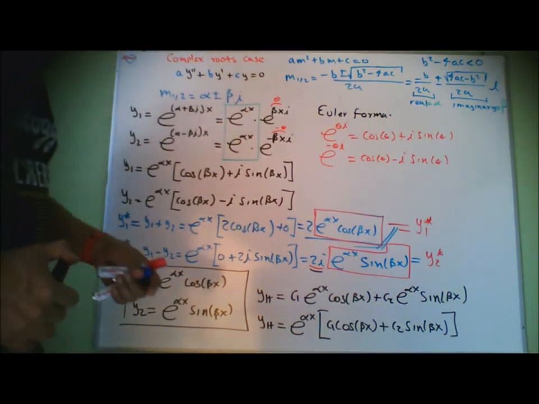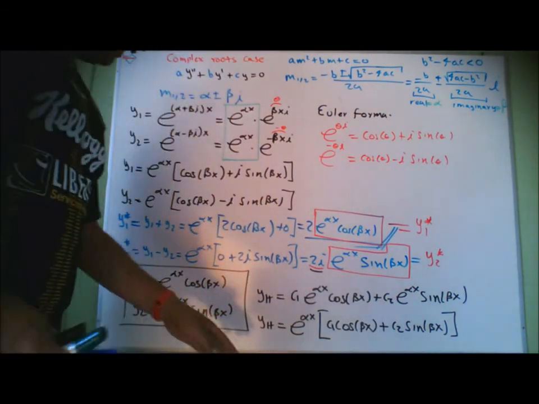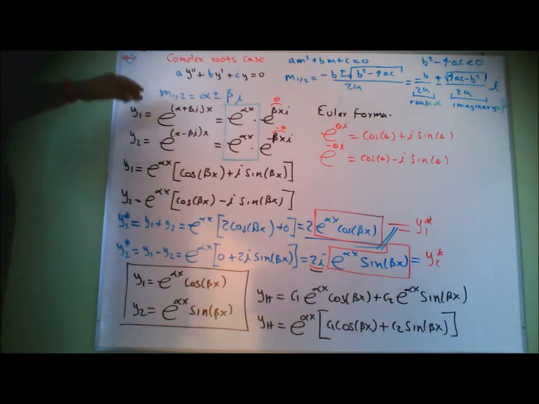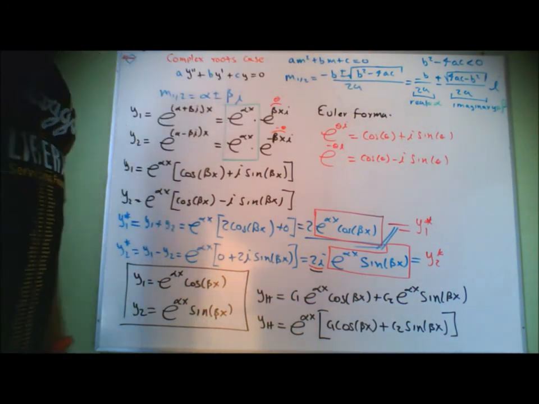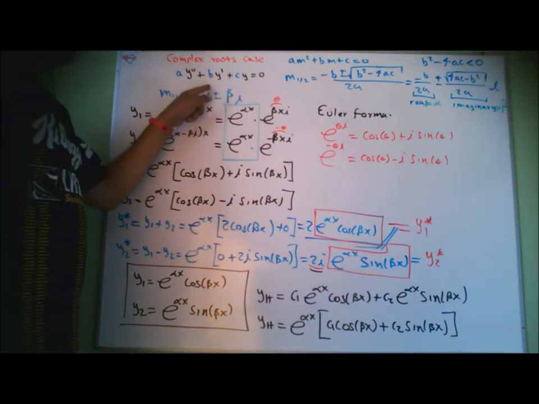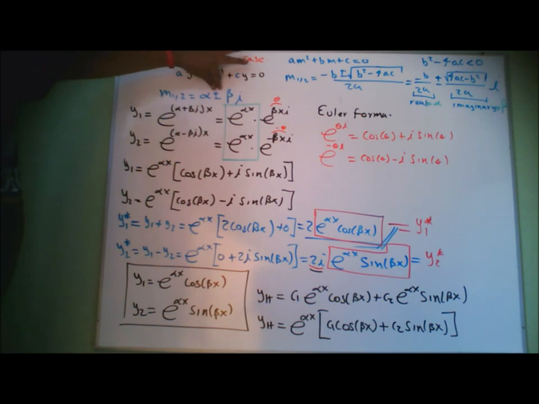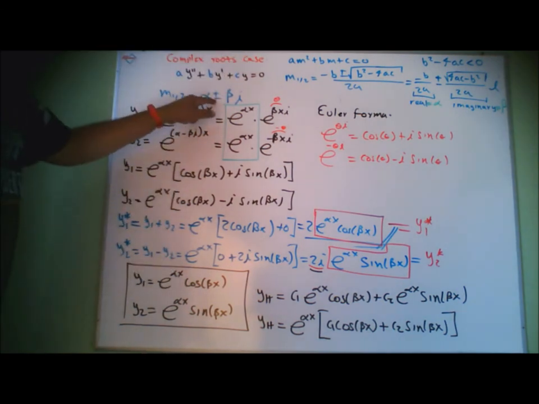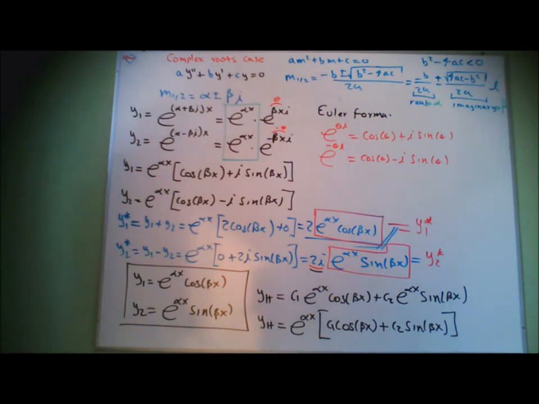So these are the formulas to find the solutions for complex roots when you have imaginary roots. Here you have the two roots, alpha plus minus beta I, and the solution is here. The positive is the cosine and the negative is the sine, so to speak. So these are the formulas.